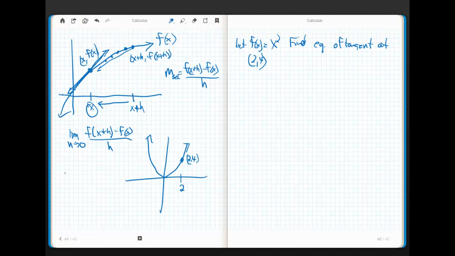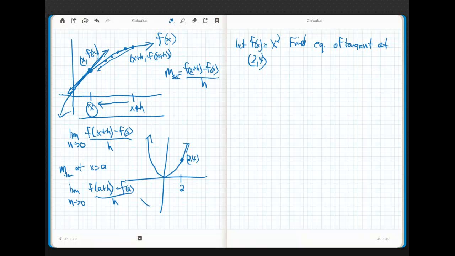This is the general form for the slope of any line tangent to some function f of x. If I'm looking for the slope of the tangent at x equals a, then it's simply the limit as h goes to 0 of f of a plus h minus f of a, all over h.